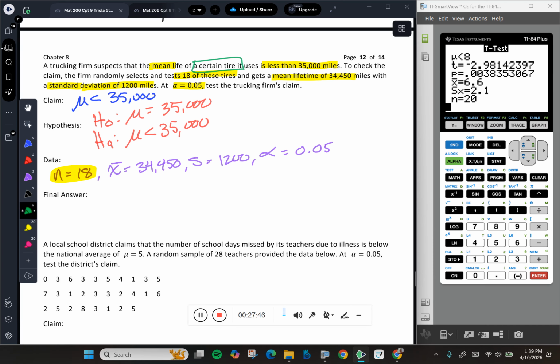So I can't run a test on this because it is not enough data. They need to get me more data because this data is not sufficient to run this test. Right? So this is our first example where we failed. And when I say we failed, I mean the test cannot be run.